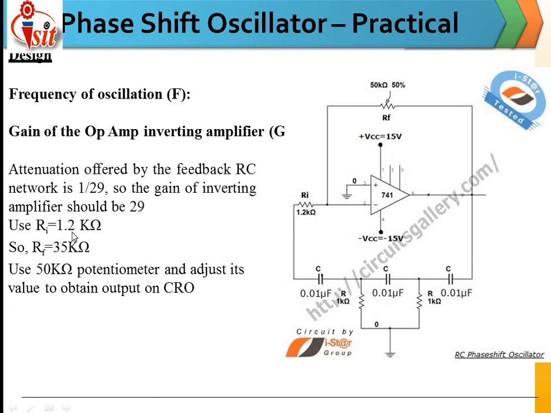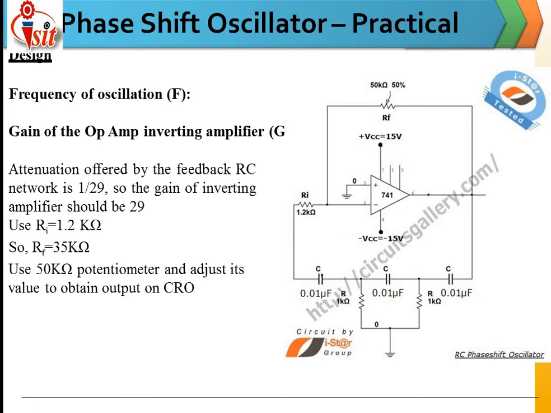Use Ri equal to 1.2 kilo ohm. So Rf is equal to 35 kilo ohm. Use a 50 kilo ohm potentiometer and adjust its value to obtain the output on CRO. Like this, we are using here as input resistor 1.2 and feedback resistance 3.5, and using the gain formula, that is, for the amplifier gain 1 plus Rf by Ri.